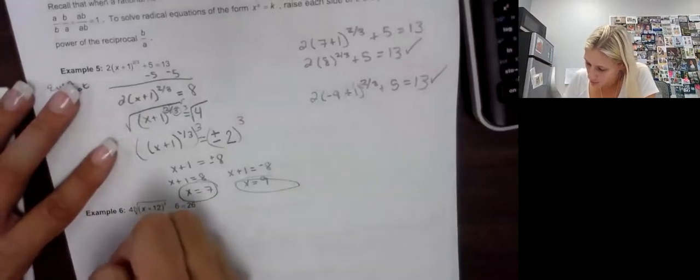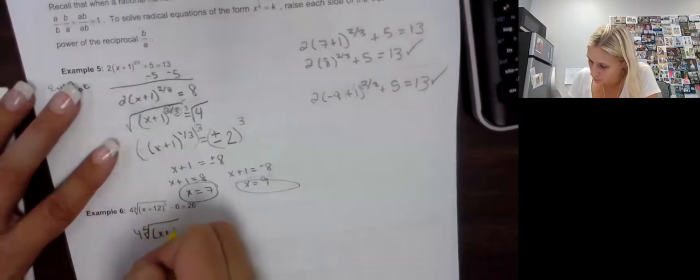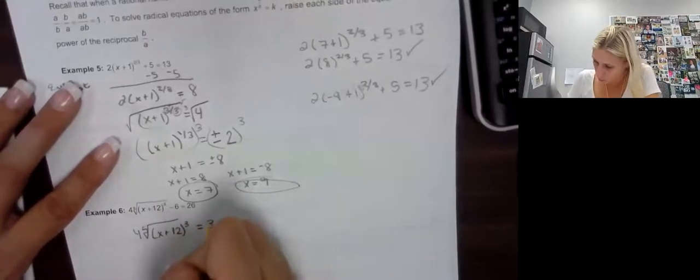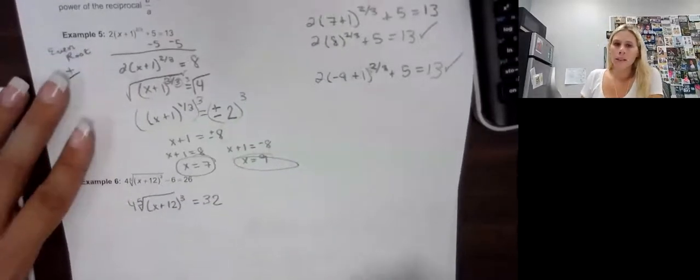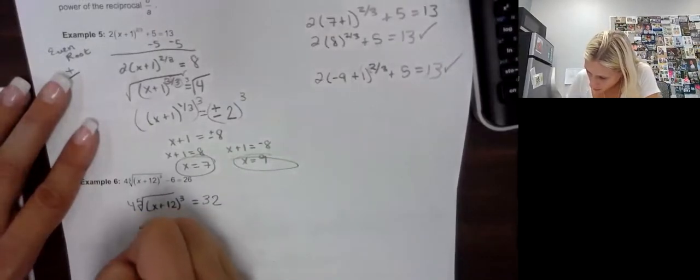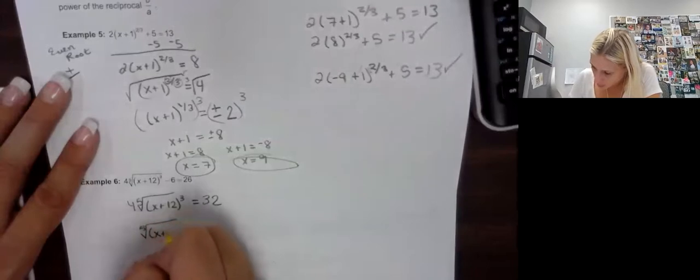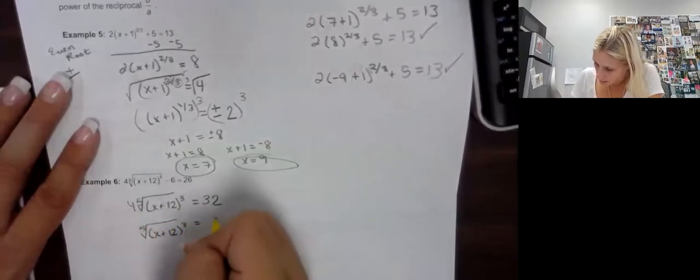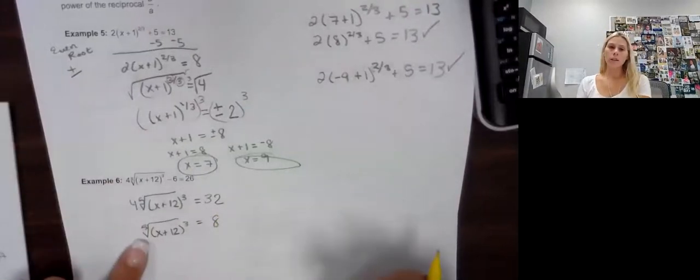So 4 times the 5th root of x plus 12 cubed equals, I'm going to add 6, so that's 32. I'm going to divide by 4. Cubed equals 8. Now I'm going to get rid of the 5th root.